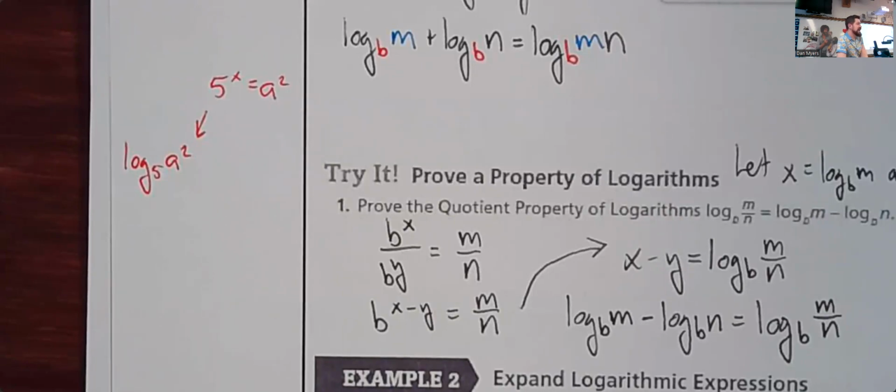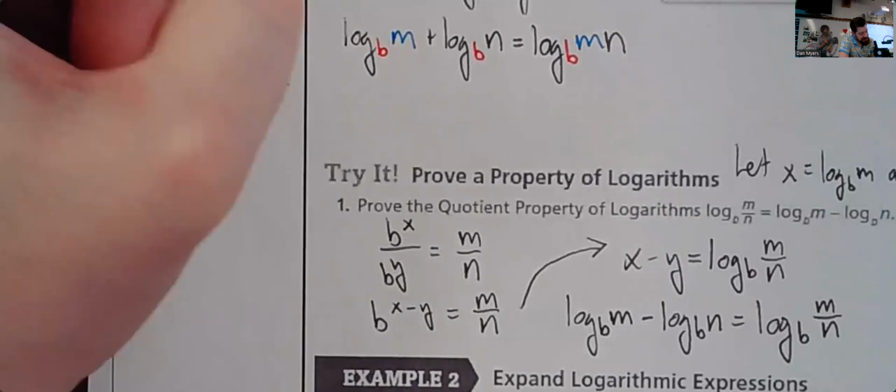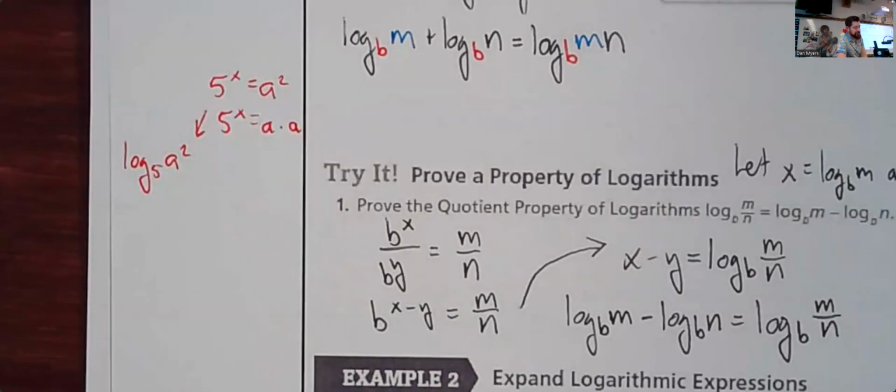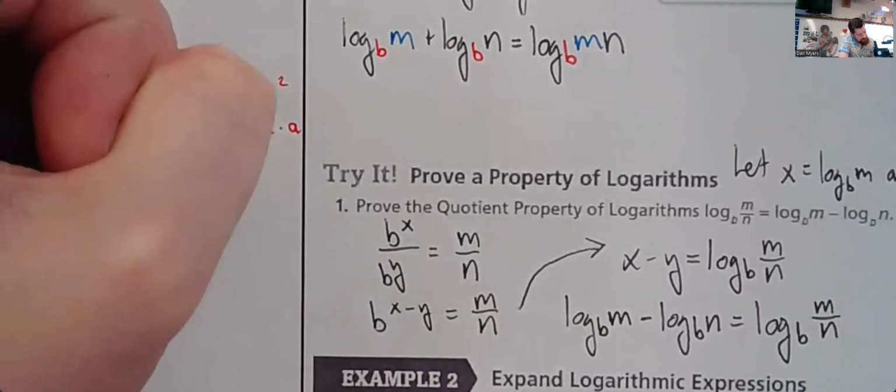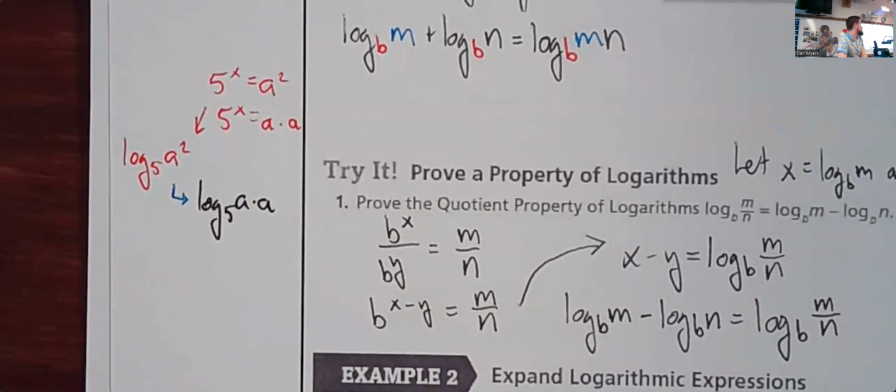But we could also write that as a times a, right? So 5 to the x equals a times a. So think about that for a second. A times a is a squared, which means that, let's go down here for a second, would you agree that that would be the same thing as writing log base 5 of a times a?